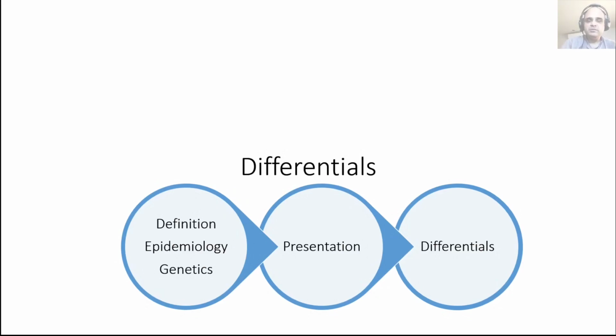Now we are moving on to differentials, and differentials are rather important because breaking the news to a family, parents or guardians, that their child might have a tumor within the eye, which is malignant, is something that needs to be done very cautiously and with a lot of confidence, especially if you are a family physician who is diagnosing this disease.